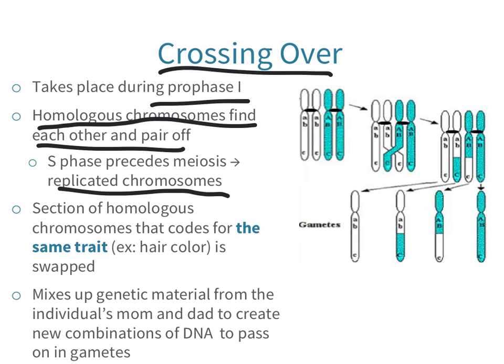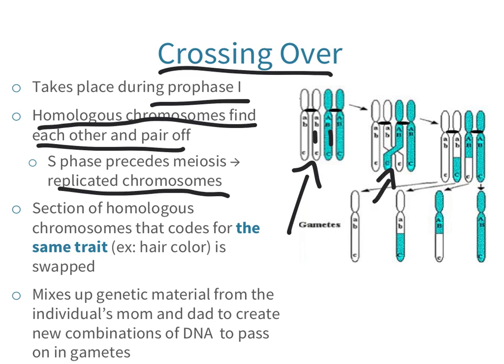And during prophase 1, while chromosomes are paired, something kind of funny happens. And that thing is called crossing over. So if you look at this picture here, what happens is two sister chromatids, one from one chromosome and one from the other chromosome, will break off and swap portions.